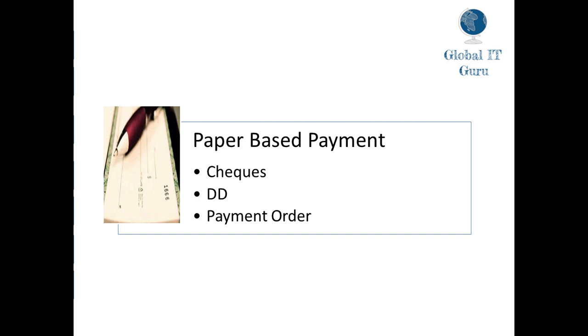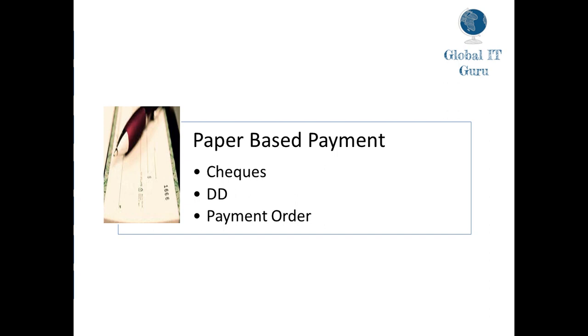So what is paper based payment? Any payment made with the help of checks, DD, and payment orders is known as paper based payment. One by one we'll discuss what is a check, what is DD, and payment order.